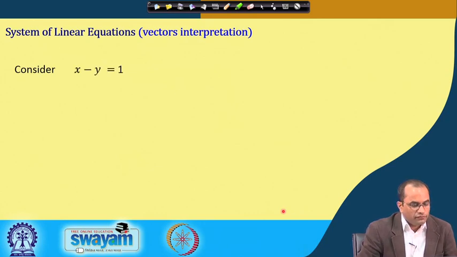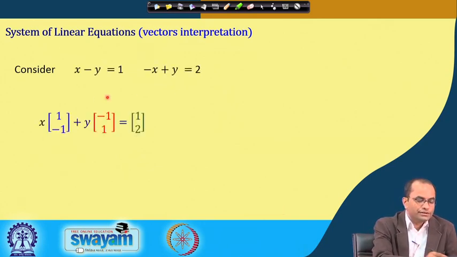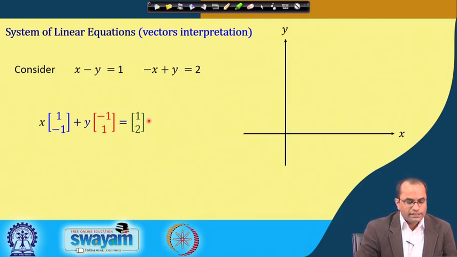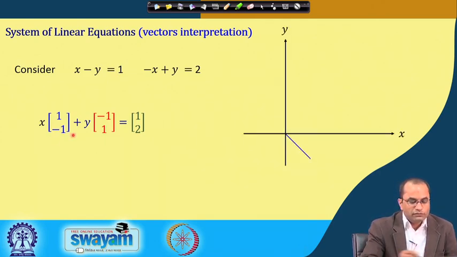So, we can again rewrite the system of equations in the vectors form. So, x is multiplied by (1, minus 1), and y is multiplied by (minus 1, 1), and the right hand side vector is (1, 2). So, similar to the previous case, let us draw this vector here, (1, minus 1).